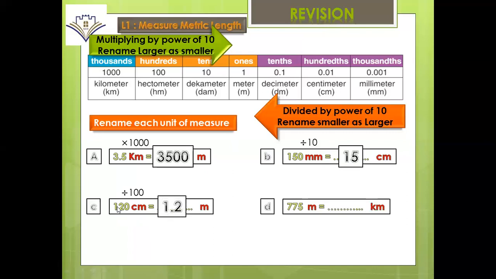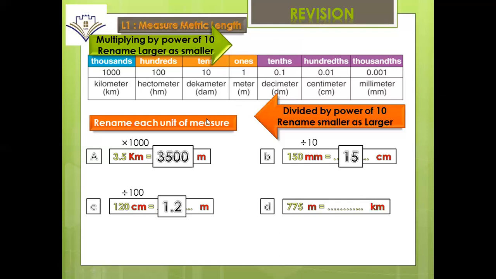Letter D. 775 meter equals dots kilometer. Do we rename smaller as larger, or the opposite? We have meter and kilometer. Meter is smaller than kilometer. Here is meter and there is kilometer.